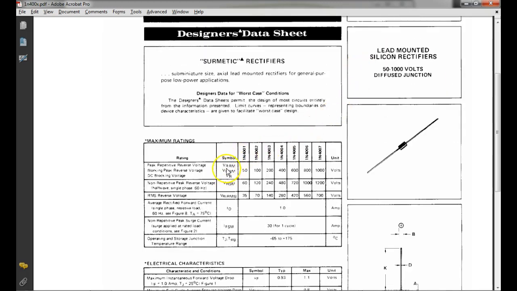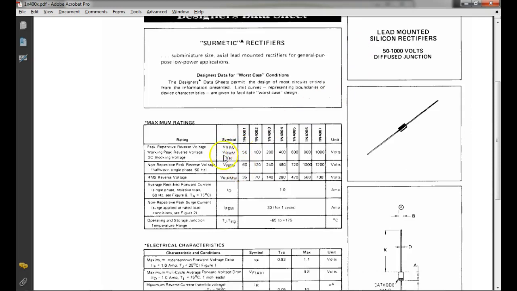So here's the guy right here, VRRM, the maximum repetitive reverse voltage. The only thing that varies between these diodes is their breakover. Non-repetitive means this guy here can handle 60 volts. But if I put a sine wave on that thing, it's a repetitive voltage, right? You'll understand that.